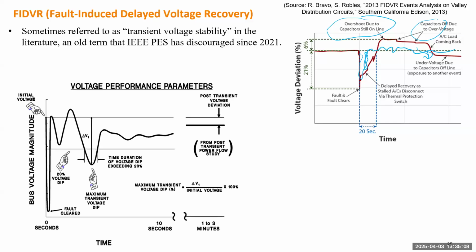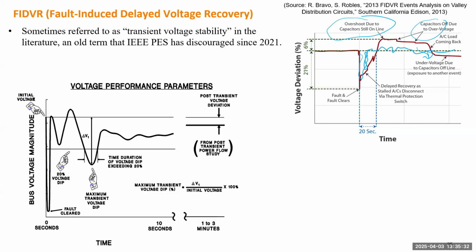NERC has a standard about what dynamic voltage you need to have under any contingency. We mentioned this one before. It gives you the standard voltage waveform right after any fault. It considers three stages.